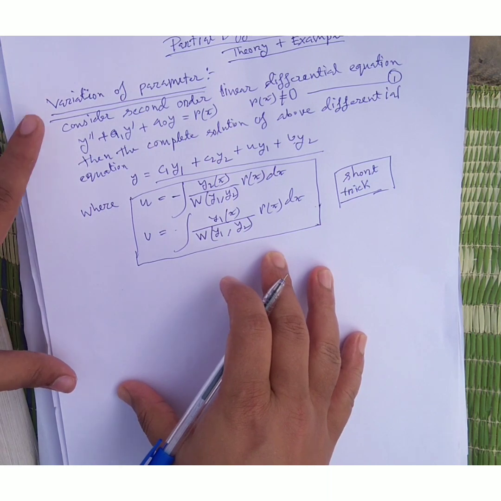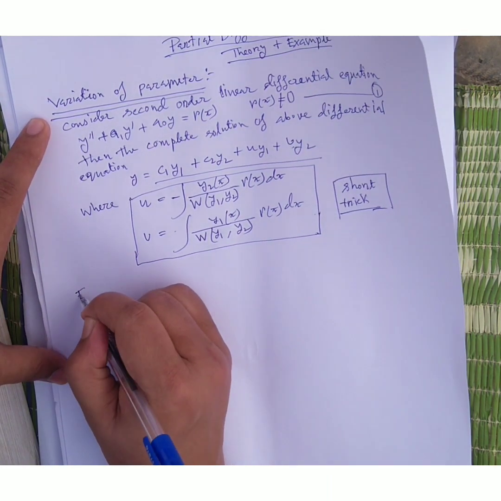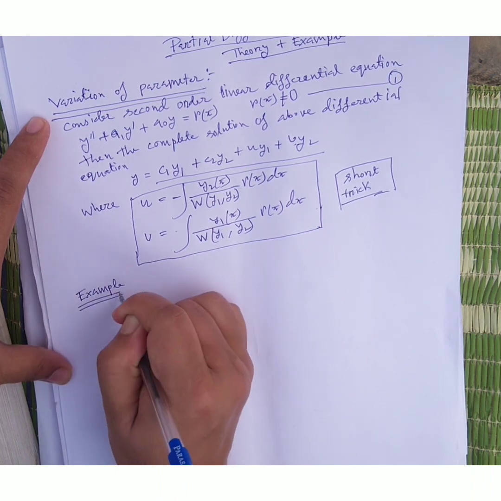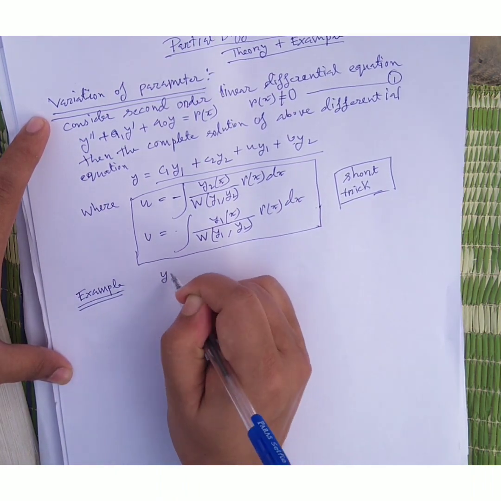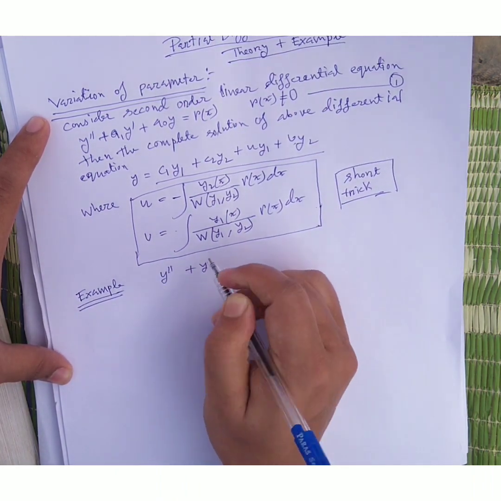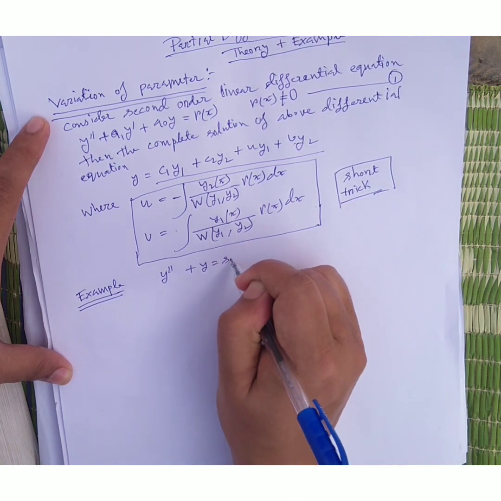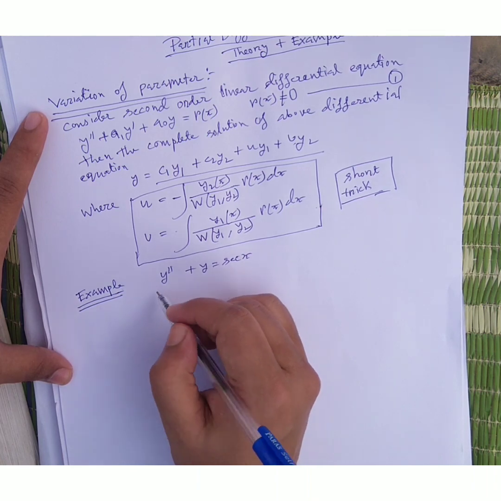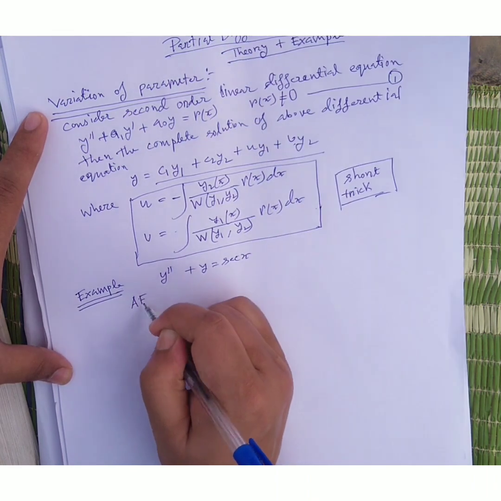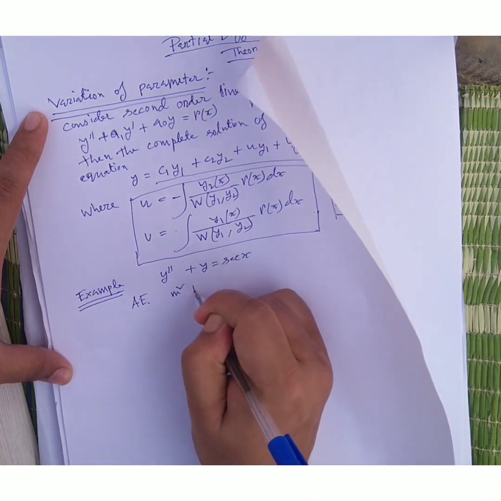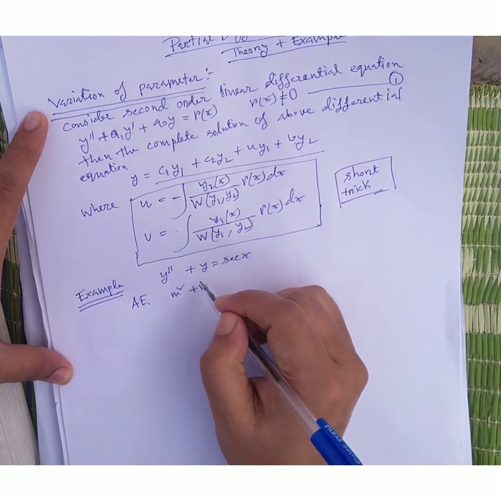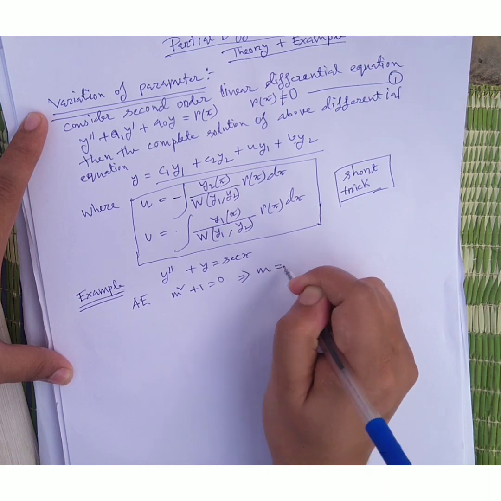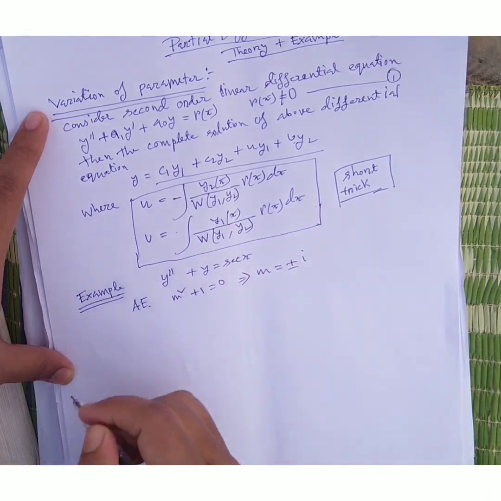So one example. The example is y double dash plus y is equal to sec x. How will you solve it? The auxiliary equation is m square plus 1 is equal to 0, and that implies m equals plus minus i.